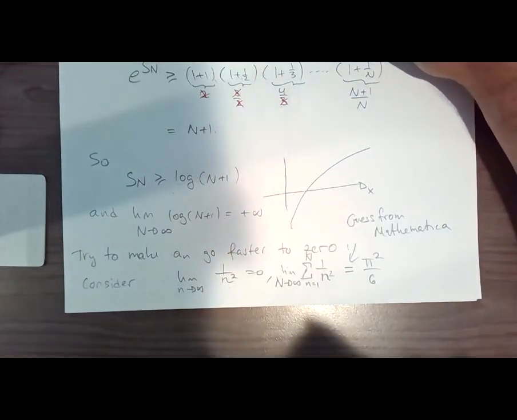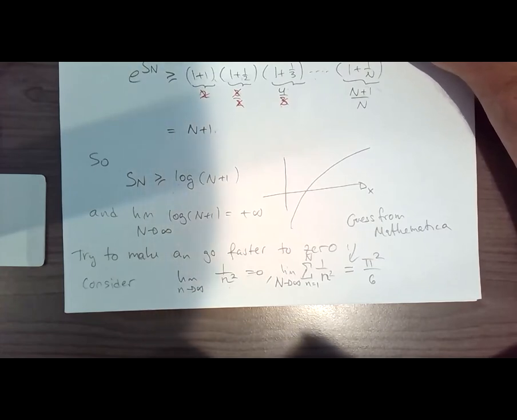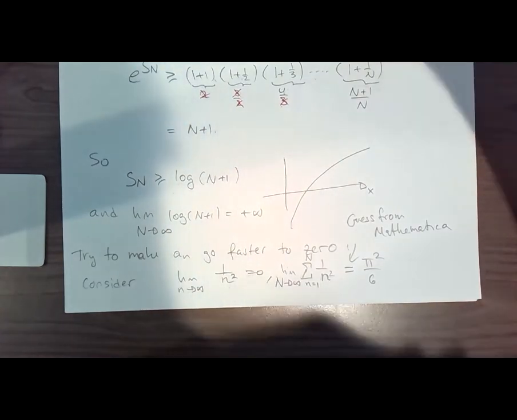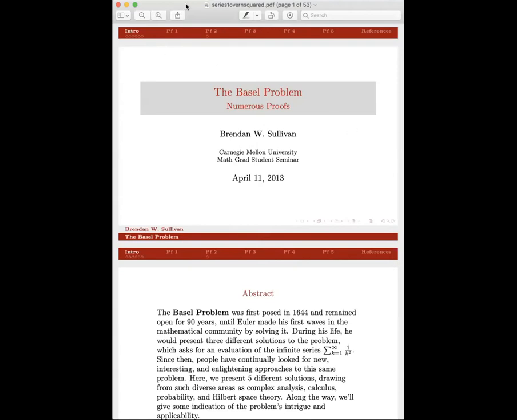Yeah, so you start Googling. This is what I did. Is there an easy way to figure this out? I knew of this problem from back in the day when I took real analysis. It is not so easy to figure this out, but it is possible. So here's a little set of slides. It's called the Basel problem.